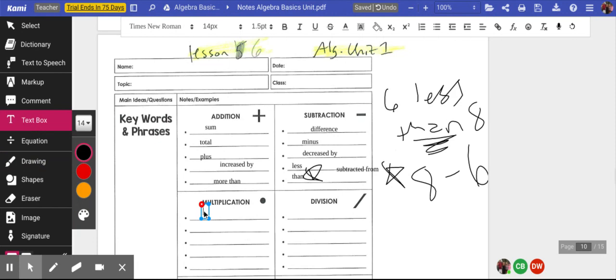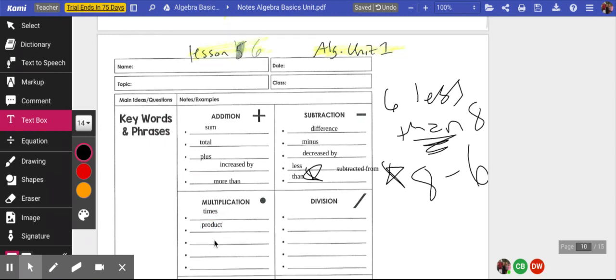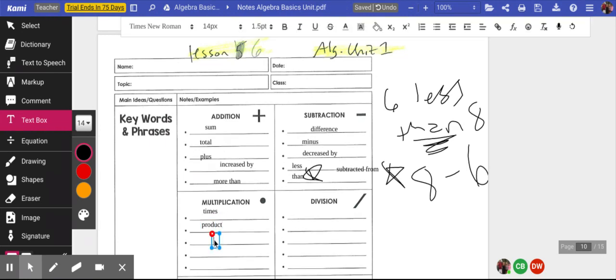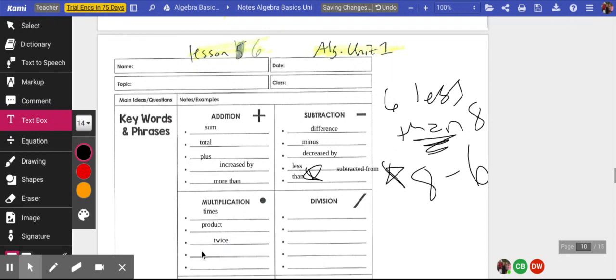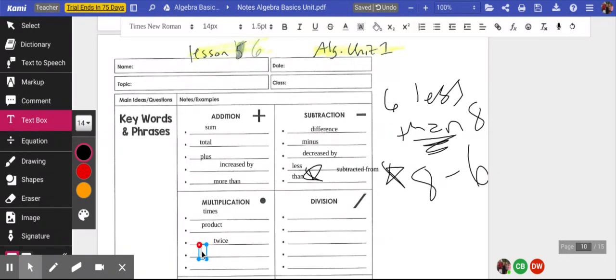We have obvious times. Another one would be product. The word twice. And you might want to write off to the side that means to multiply by 2.